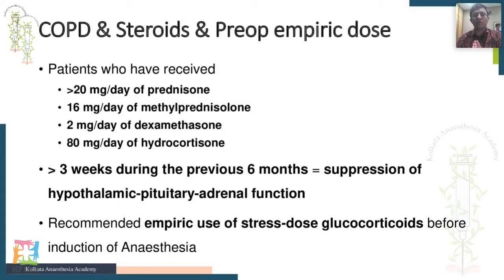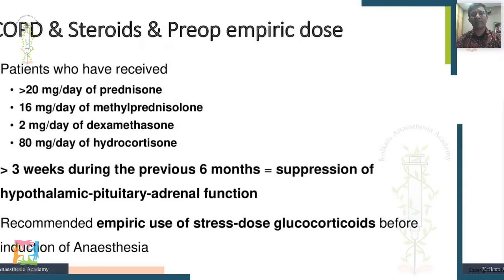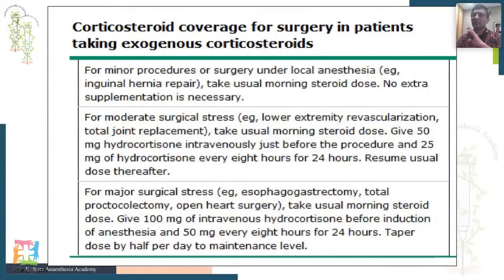And in this group of patients, it is recommended that you use an empiric dose of glucocorticoids before induction of anesthesia. So I think this should clear all the confusion about who should receive a preoperative empiric dose. And this is in COPD as well as in asthma.